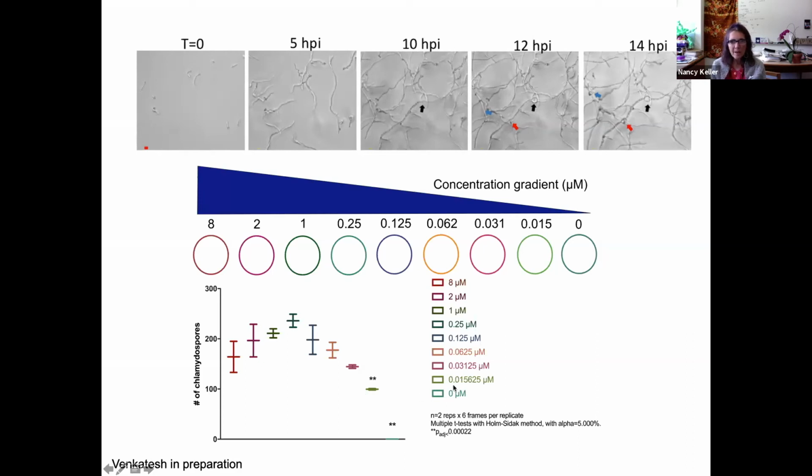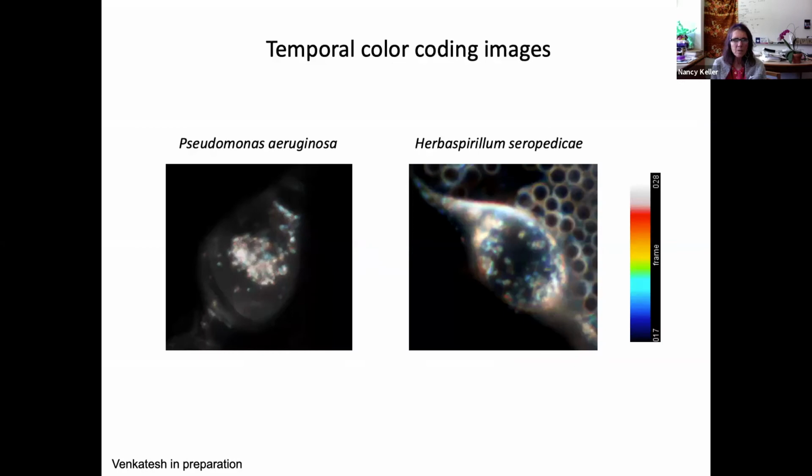Here you can see it, way down at this molarity, we still get significant numbers of chlamydospores, and the bacteria makes a much higher amount than this. So we first wanted to see, okay, how many chlamydospores do you get and what molarity of ralsolamycin do you need?